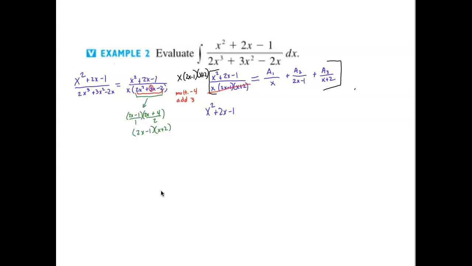On the right side, it is going to eliminate all the denominators, but it's also going to leave some baggage with each term, right? So when I multiply it over to that A1 term, the x's will divide out, but I'll be left with A1 times 2x minus 1 times x plus 2, right?